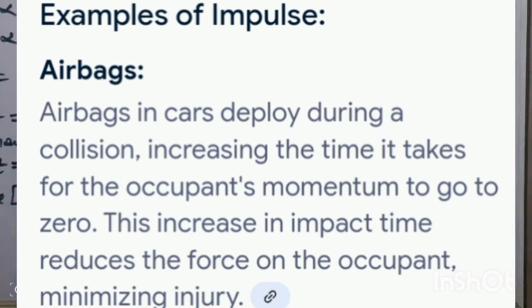As I said, the design of an airbag or bumper in a car during collision increases the impact time and reduces the impact force, so as to minimize the injury.